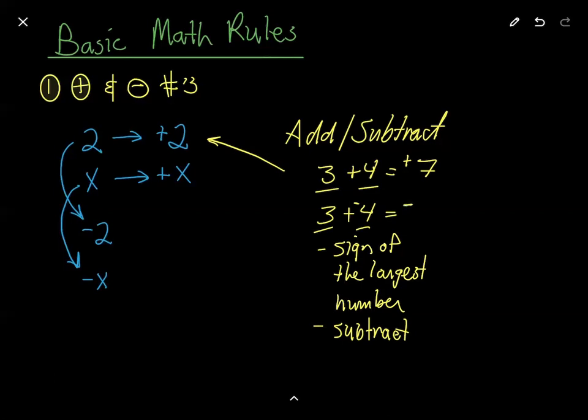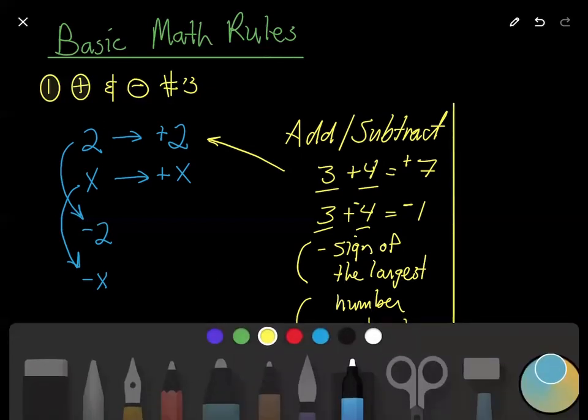Then you subtract 3 from 4, which ends up being a minus 1. So negative 1 is the correct answer for 3 minus 4. These are the rules for subtracting or adding numbers with different signs, okay? All right, so that's add and subtract.